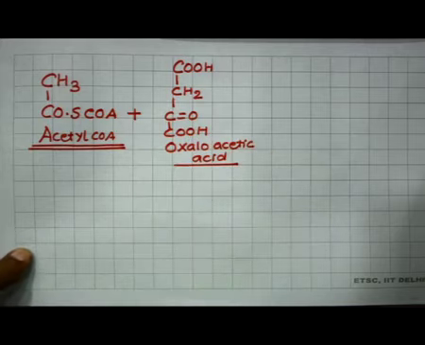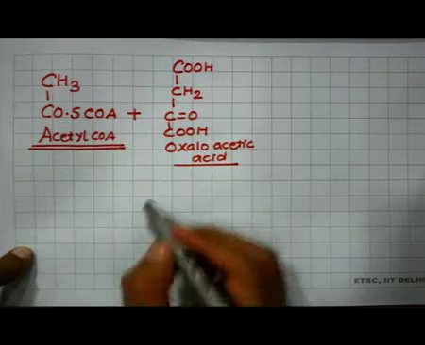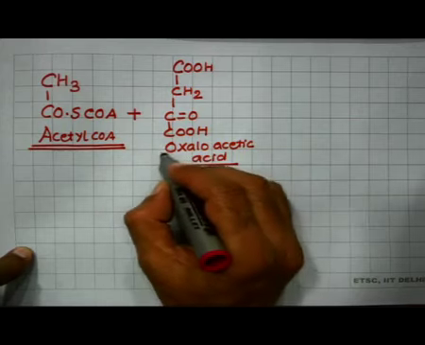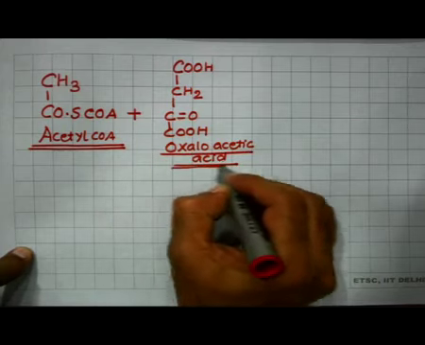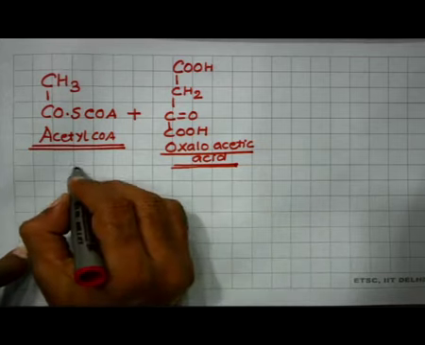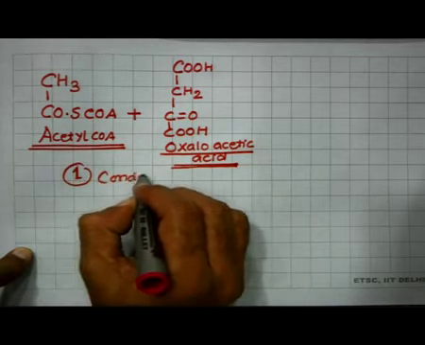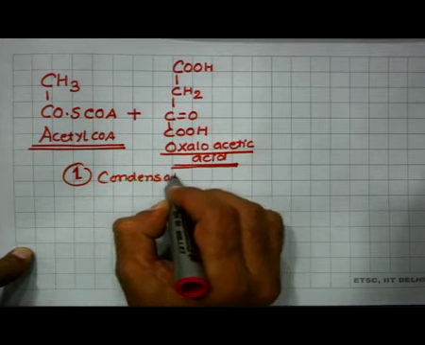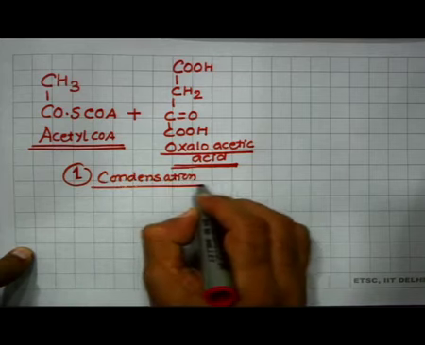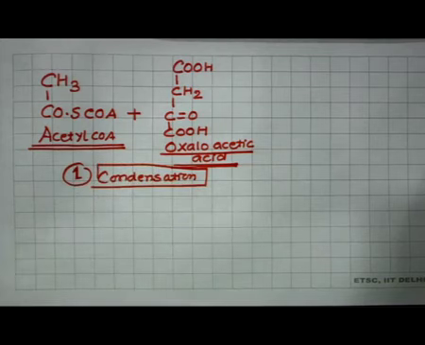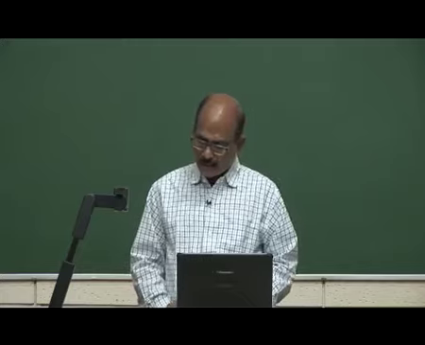It is a 4 carbon compound, and here is the 2 carbon compound. The acetyl coenzyme combines with the oxaloacetic acid; this is the first reaction, and that reaction is called condensation. So, this is the first step of the Krebs cycle, that is condensation.